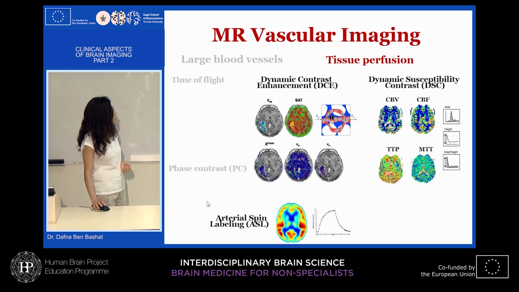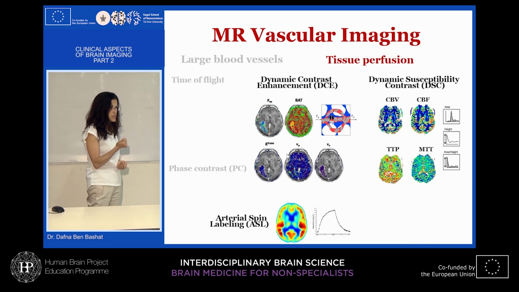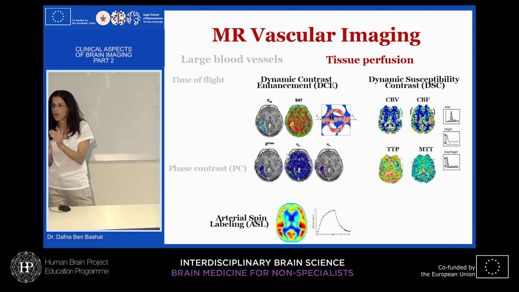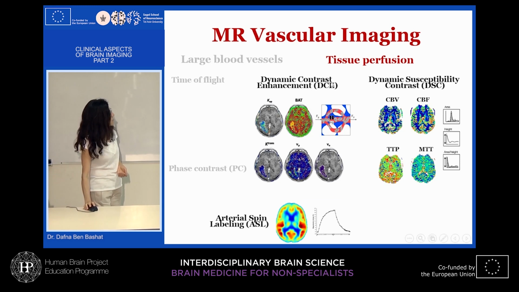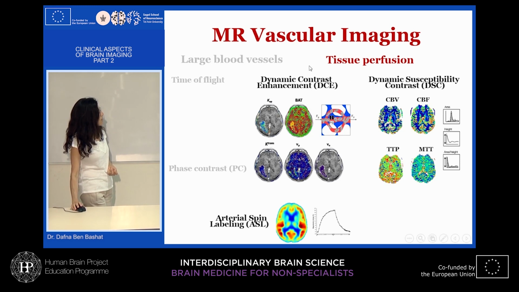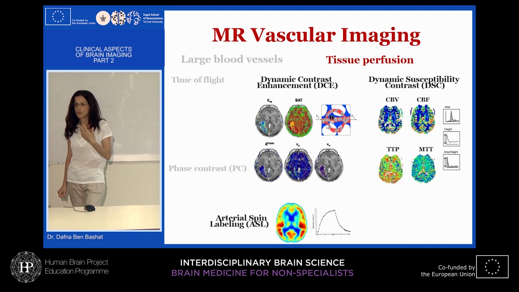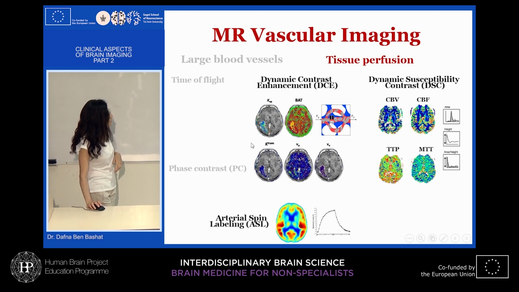But if you want to talk about tissue perfusion, we don't want to image the blood vessels, but to understand how much oxygen is transmitted to the tissue. Then we're talking about tissue perfusion. So there are methods like DSC and DCE where we inject contrast agent, and then we see the dynamics of the contrast agent within the tissue, and then we can learn various parameters of the vascular system, which I will get to soon.